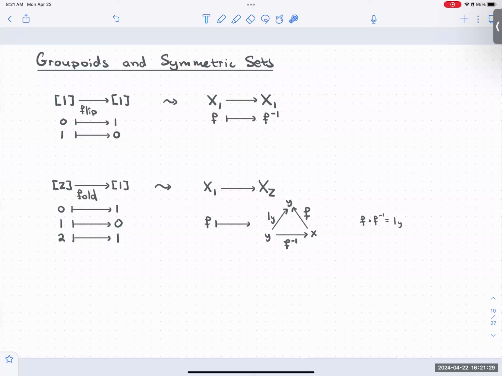So the first thing is that bracket 1 has this flip map. So it has a non-trivial automorphism that just flips the two elements, swaps them around. And I'm going to interpret this as, so this gives us a map from x1 to x1, if x is any symmetric set, that sends f, and I'm going to write to f inverse.